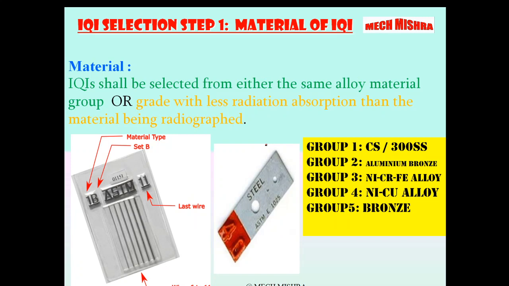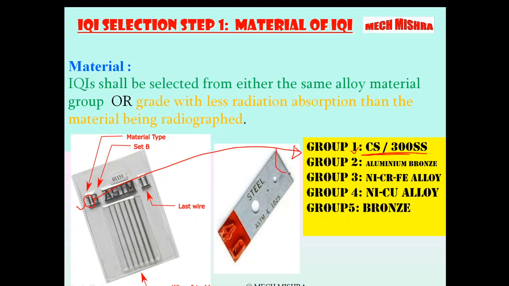Now, IQI selection steps. First is the material of the IQI. As we already discussed, the material group is the first letter, and this needs to be considered first for IQI selection. This number may be 1 to 5, based on the type of material we selected. Group 1 means the IQI is made of carbon steel or 300 series austenitic stainless steel.